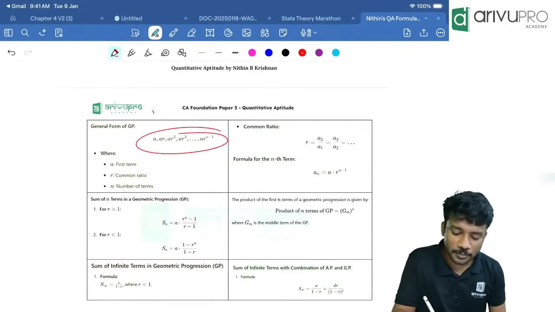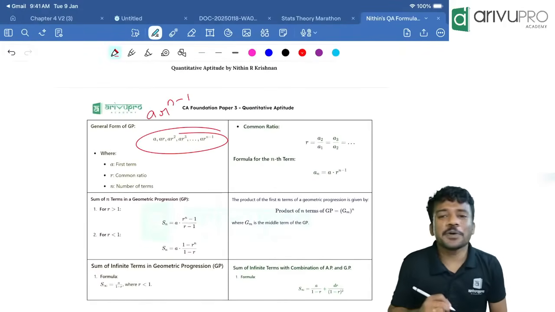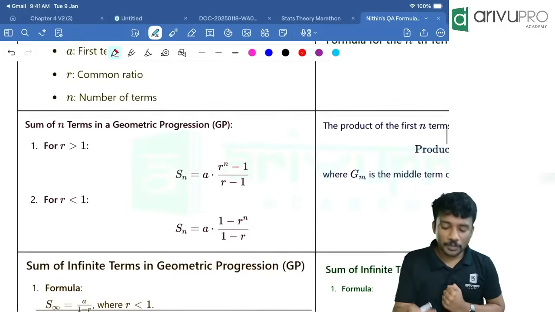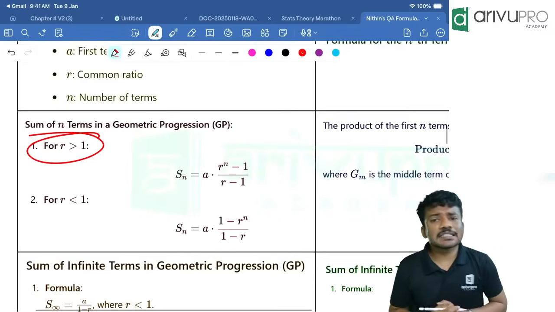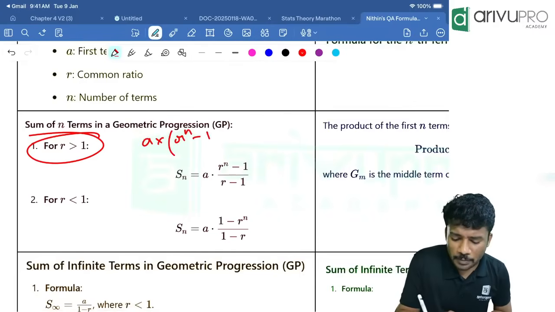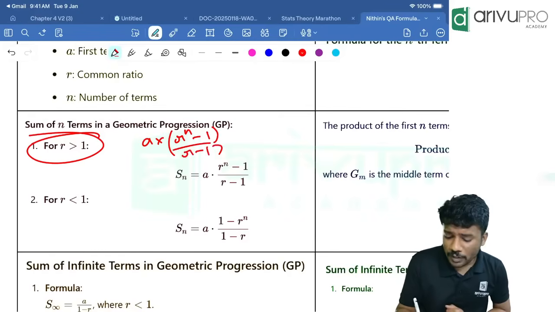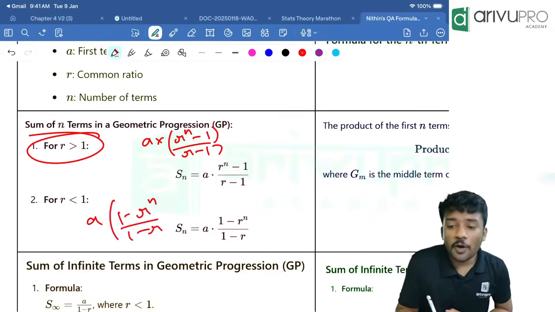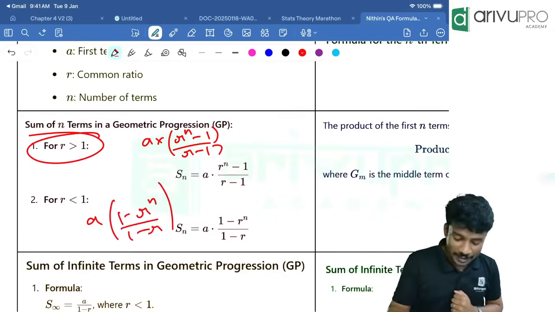You know the nth term is a r raised to n minus 1. Then people, what is the sum of n terms of a geometric progression? If r is greater than 1, you can write it as a into r raised to n minus 1 divided by r minus 1. If r is less than 1, you can write it as a into 1 minus r raised to n divided by 1 minus r. That way you can write it, people.